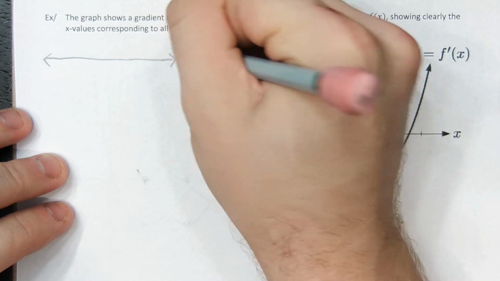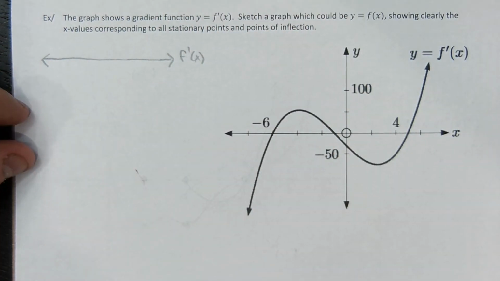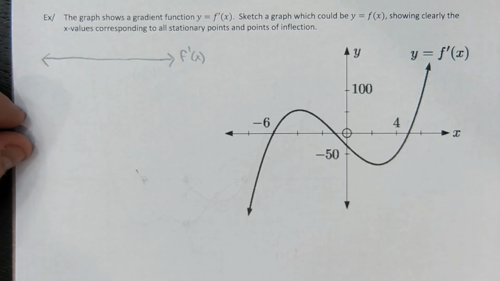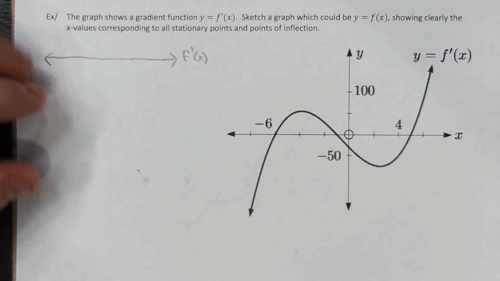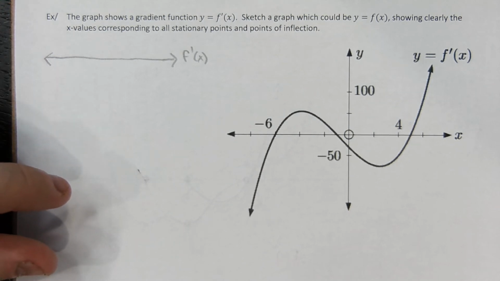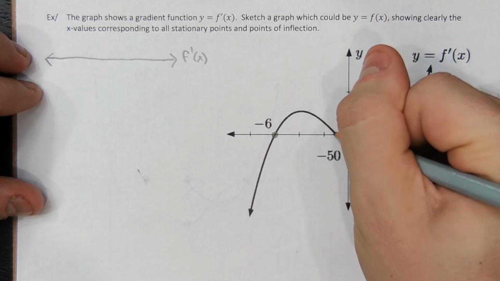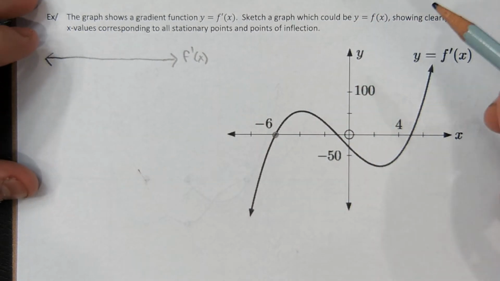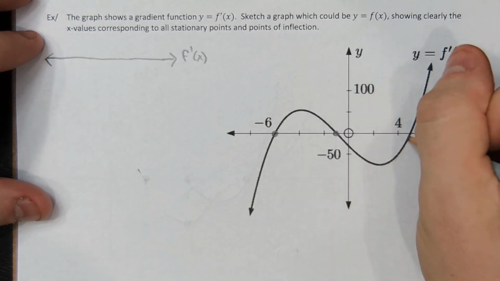This is the f prime of x sign diagram. Let's see. There's numbers on this picture. We don't care. Numbers, unimportant. So let's just put letters there. We've got a point here. We have an x-intercept here. We have an x-intercept here.